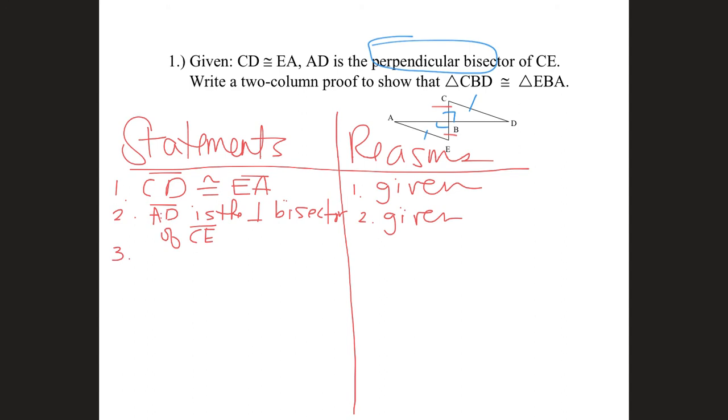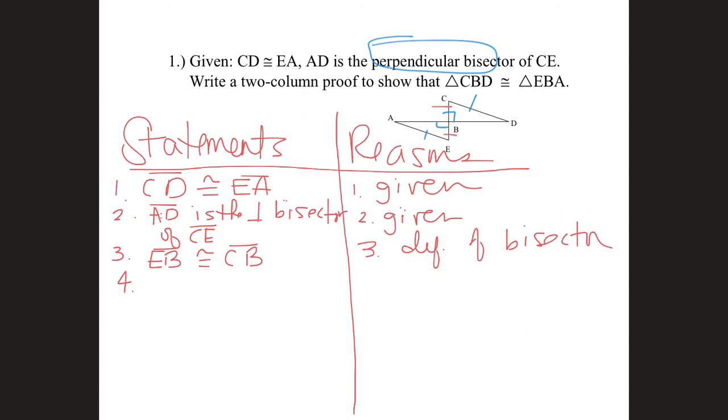Then we look at what other information we got from those given statements, and from step 2, from the fact that it was a perpendicular bisector, we got a couple different things. We first, because of the word bisector, knew that CB and EB were congruent. We marked them, but now we can go ahead and state that. So we can say that EB is congruent to CB, and that is from definition of bisector, or just bisect, you could say as well.